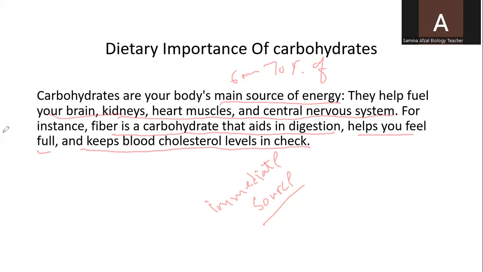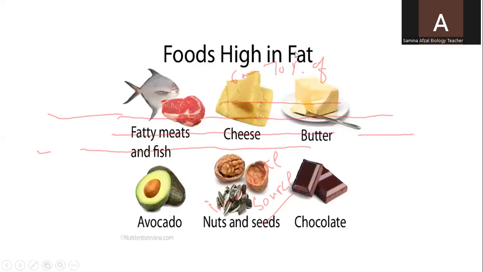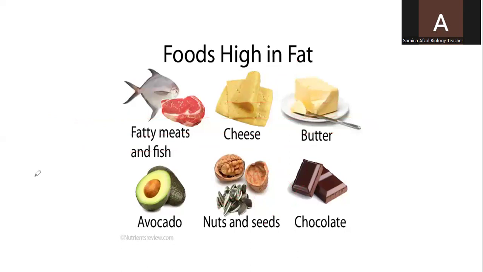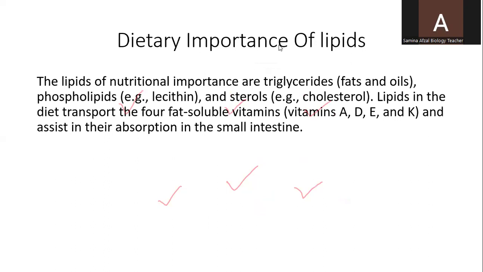The next nutrient is fats and lipids. The sources are fatty meats and fish, cheese, butter, avocado, nuts and seeds, and chocolate, etc. Next, the importance of these fats: why they should be present in our diet.